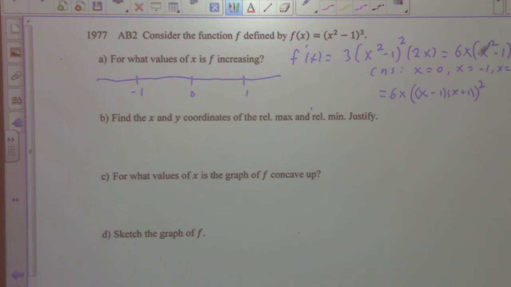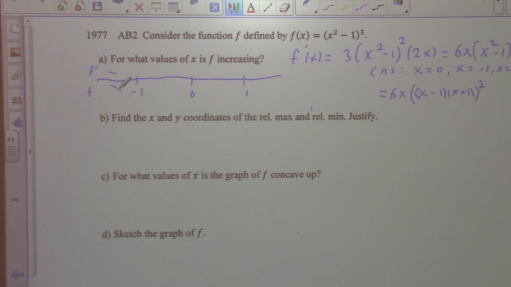Positive. It's always going to be positive here, and this one is going to be positive or negative. So we have f prime, and right below it f. If we're to the left of -1, what is that going to be? That's a negative times a positive, so that's going to be negative.